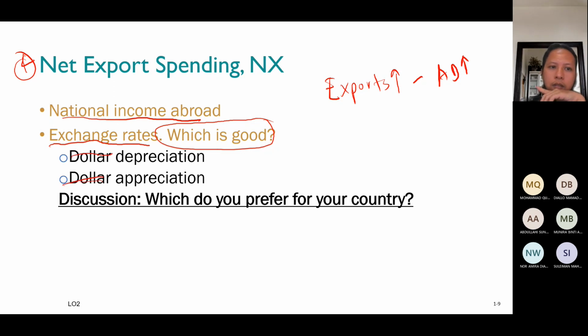Let's say currency: currency depreciation or currency appreciation. Let me ask if there's anyone that wants to volunteer. Which do you prefer for your country? Do you prefer your currency to depreciate, or do you prefer your currency to appreciate?